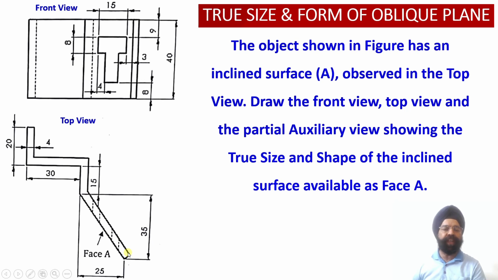Now in order to evaluate the true shape of this T-shaped surface, we are going to draw an auxiliary vertical plane parallel to this inclined face A. Once we draw an auxiliary plane parallel to this edge view of the T-shaped surface, the projections of different points which are available on the edge view onto this auxiliary vertical plane will provide us with the true shape of this T-shaped section which is observed as an apparent view in the front view orthographic projection.